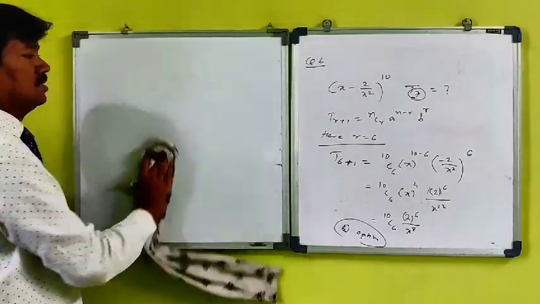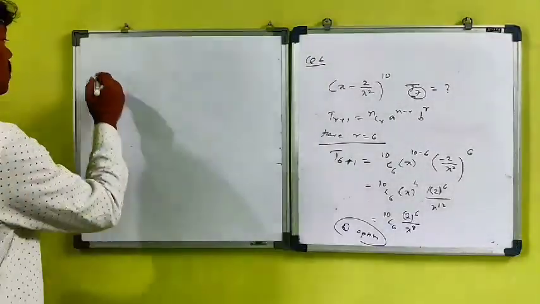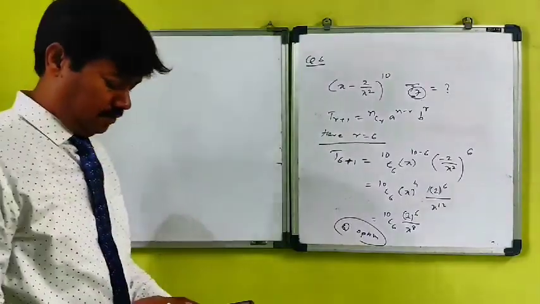Question number 7. What is the question 7 given?